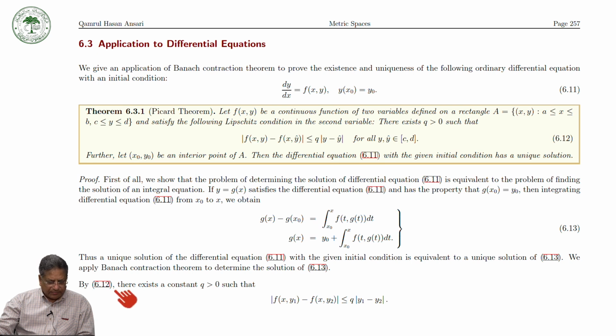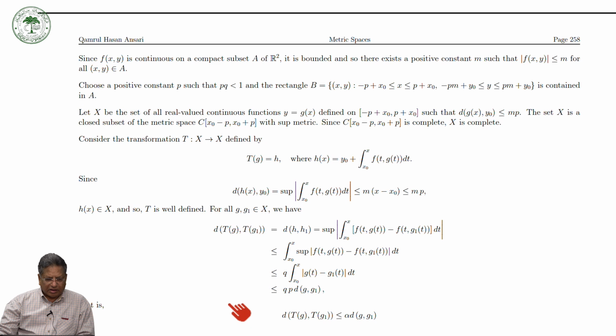So, for that, by the Lipschitz condition of f in the second argument, there exists Q such that this holds good. Now, since f(x, y) is continuous on a compact subset A of R2, keep in mind A is a compact subset, it is bounded, and so there exists a positive constant M such that |f(x, y)| is less than or equal to M for all (x, y) in A. Now, choose a positive constant p such that pQ is less than 1.